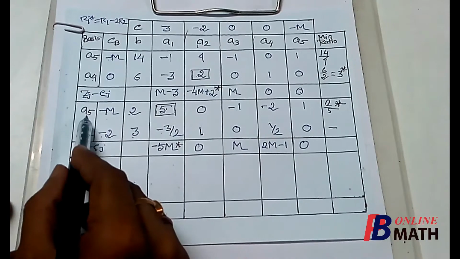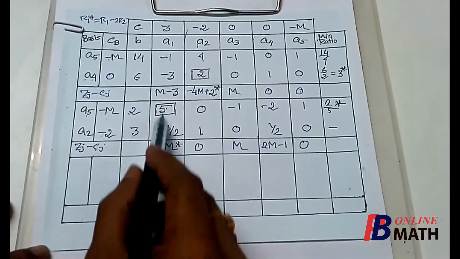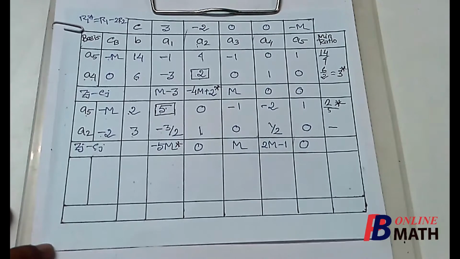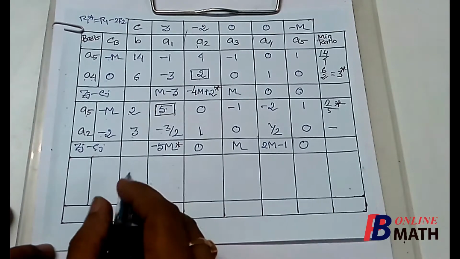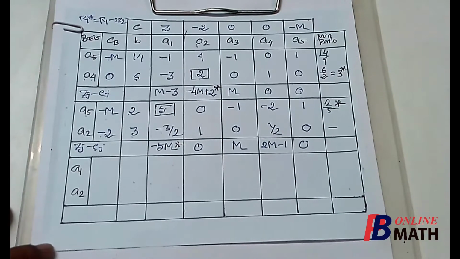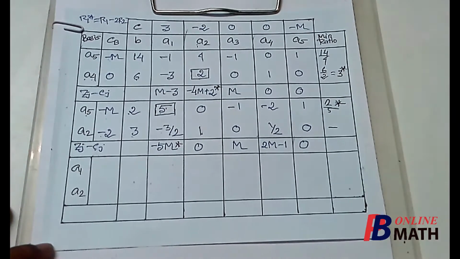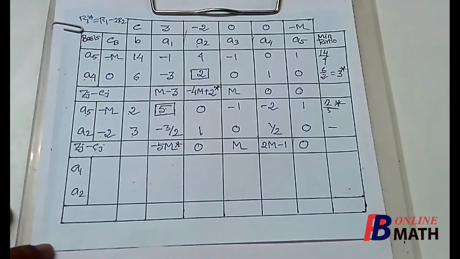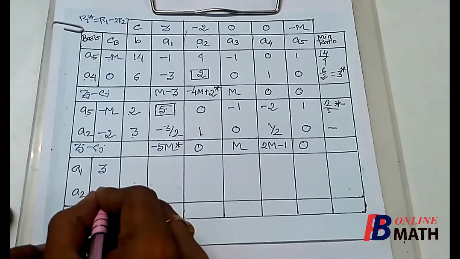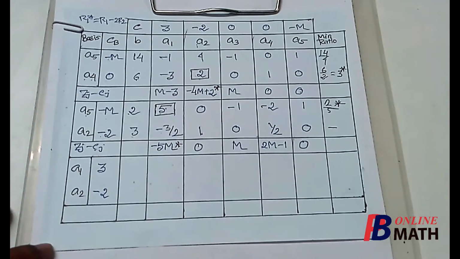So the vector a5 will leave the basis and the vector a1 will enter the basis. So the new basis vectors will be a1 and a2 with corresponding cost values 3 and minus 2.